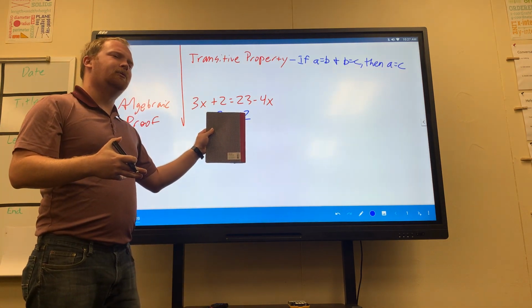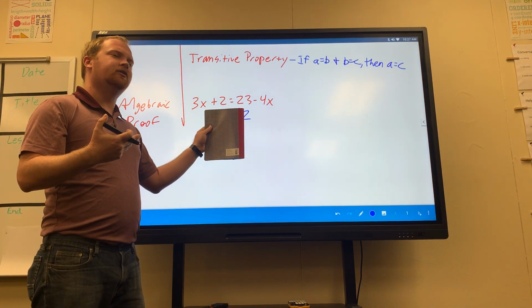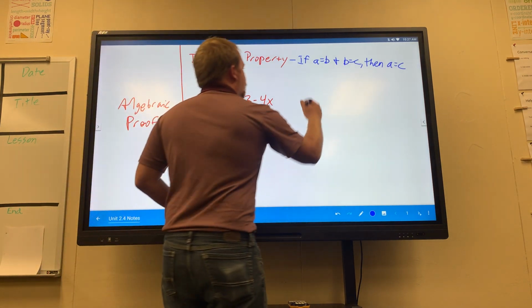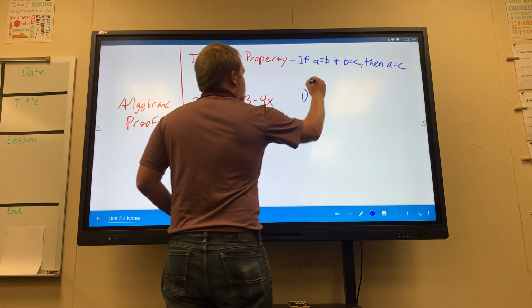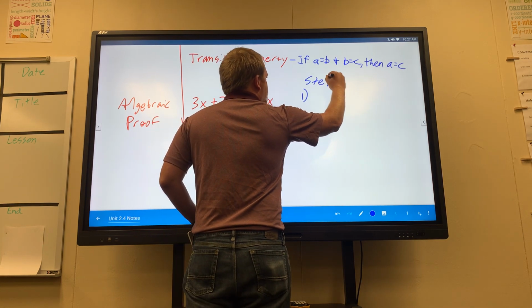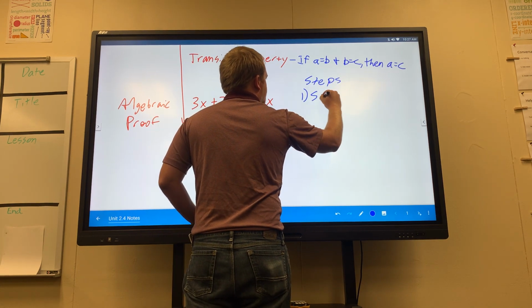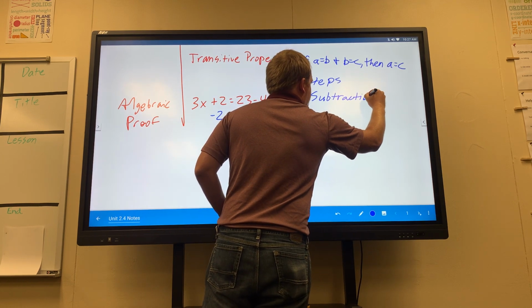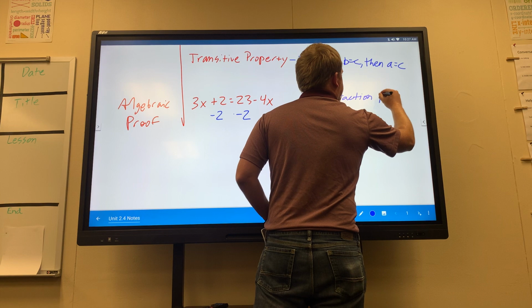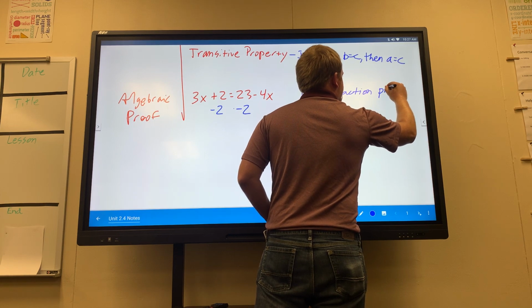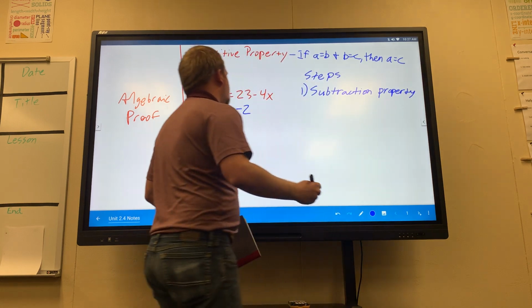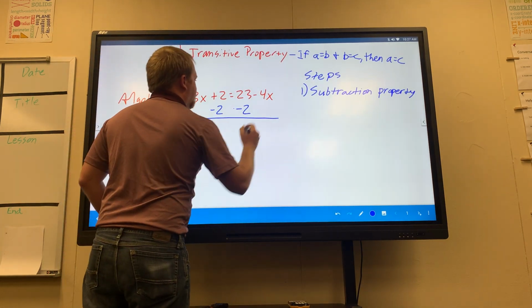Well, if you look at the operation, that's what it tells us. We're using subtraction property. So the first step we're doing is subtraction property. Okay?